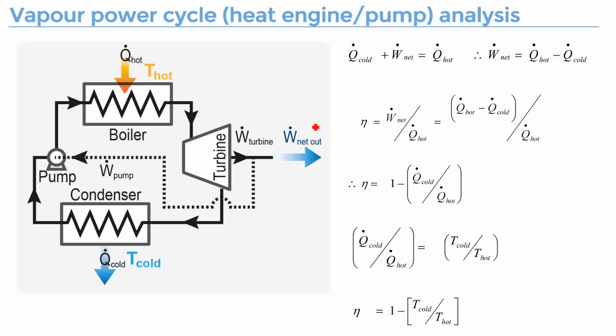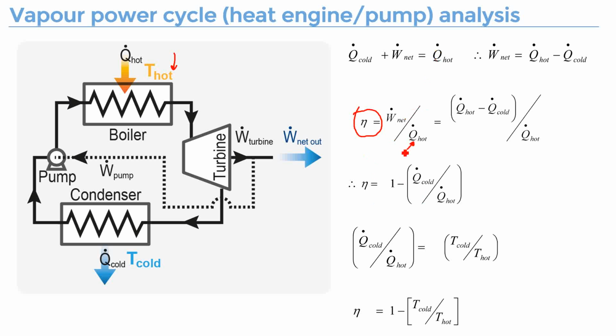In this way, if we want to find the efficiency of this system, we are wondering how much work output you can provide from this heat. So the efficiency is defined as the work output divided by the total input.